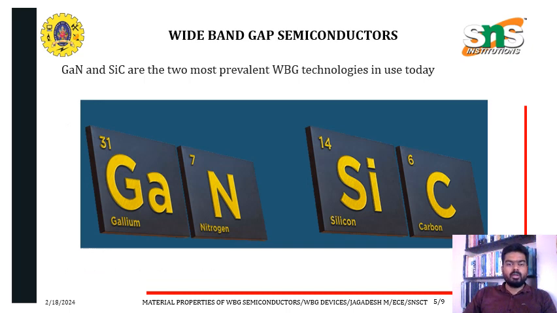The most prevalent wide band gap technologies in use today are gallium nitride and silicon carbide. GaN and SiC are the two most prevalent.